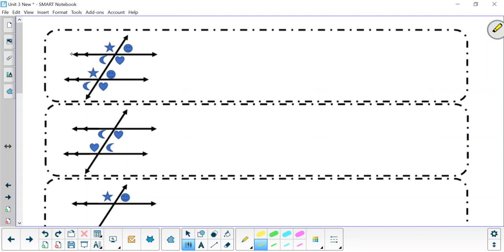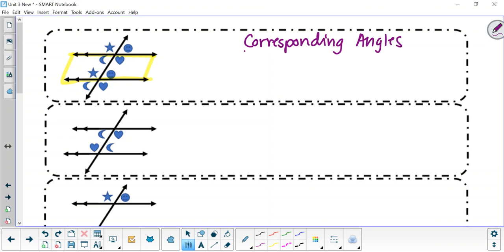Here's the first one. With our parallel lines, we're going to make a box. These first ones are going to be called corresponding angles. Again, remember, pause the video if you need to, if it starts to go too fast.